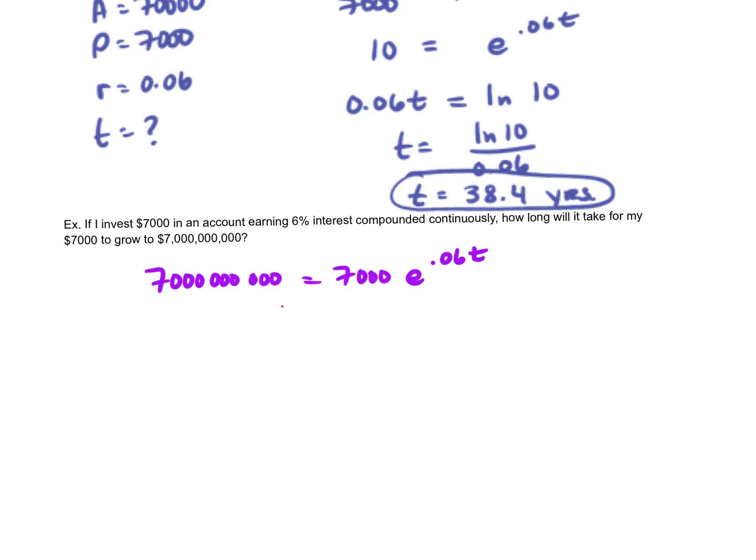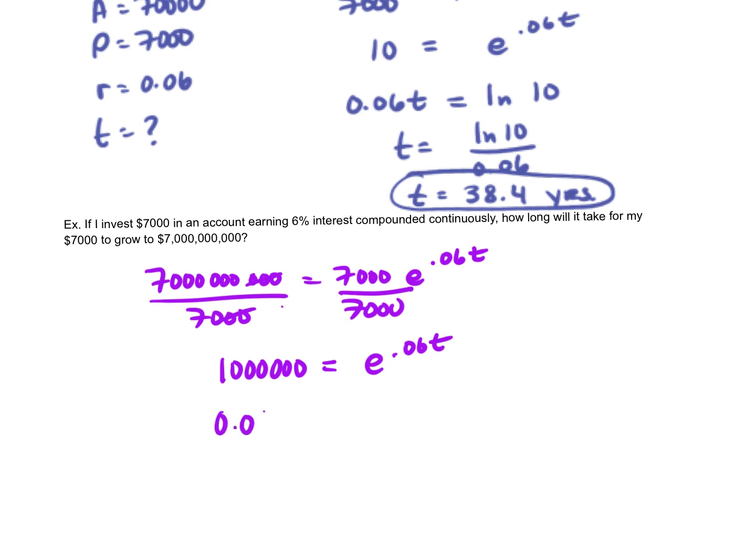Very similar to the one we just did. So if I divide by 7,000, I get 1 million equals e to the 0.06t. So essentially we want our money to grow 1 million times over what it was, which obviously is a lot. So this is going to take a long time.